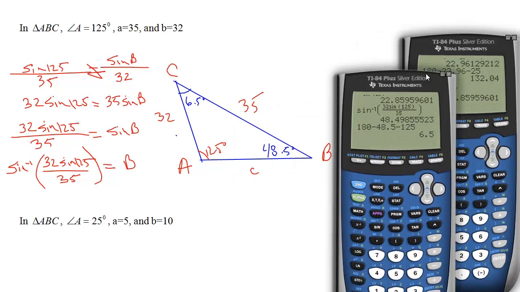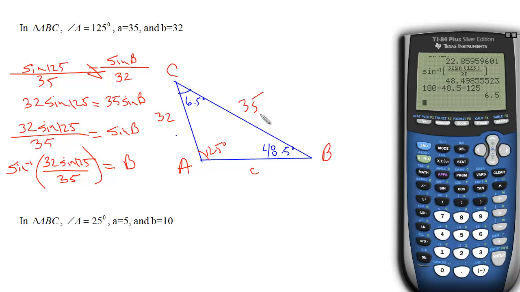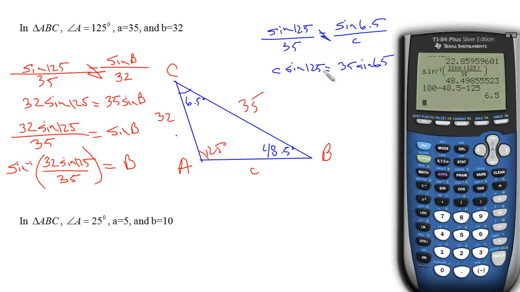Now we'll set up and find the remaining ratios. So let's do a similar thing over here. I'll take the sine of 125 over 35 is equal to the sine of 6.5 over c. Cross multiply. C times the sine of 125 equals 35 times the sine of 6.5. Divide by sine 125.